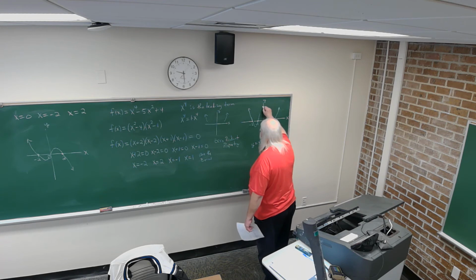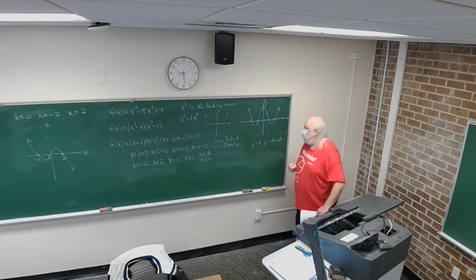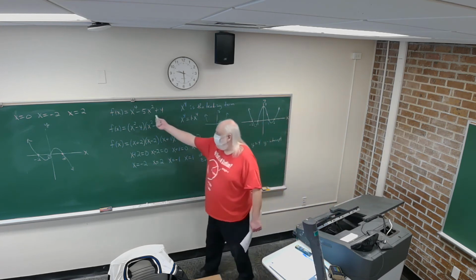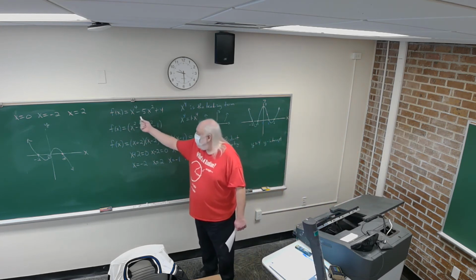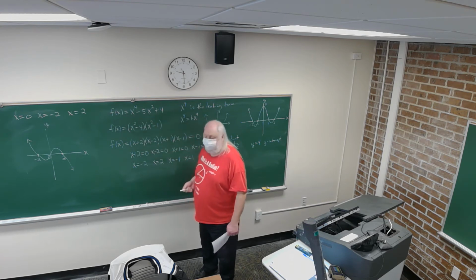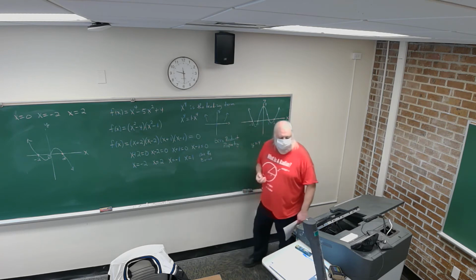So up here at y equals 4, the graph crosses the y-axis. Remember how to find the y-intercept. You set x equal to 0 on the right-hand side and solve for y.